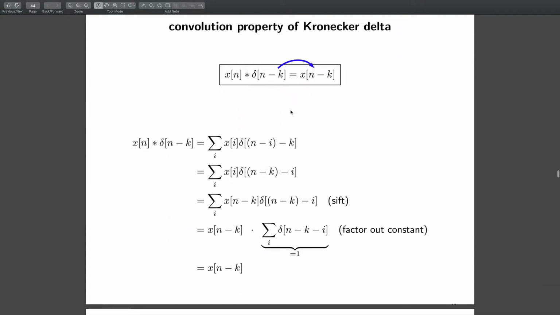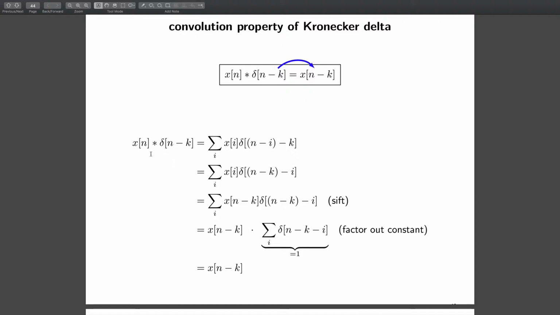Here's the convolution property proven for the Kronecker delta function. Stated mathematically, if you convolve a signal with a delayed delta function, you'll get a delayed copy of the signal, where the amount of delay imposed on the signal is the amount of delay in the delta function. So let's expand this out and try to review some of our memory of convolution. Here we have convolution written out symbolically.